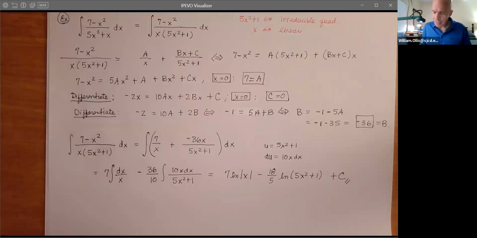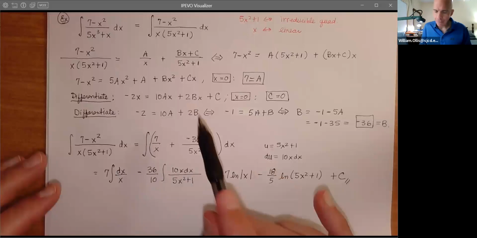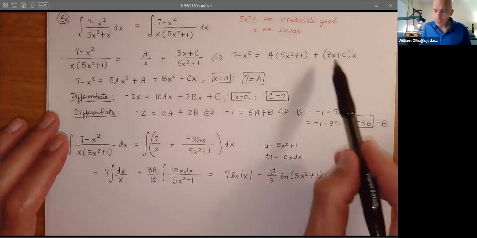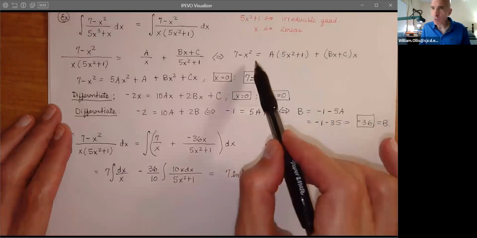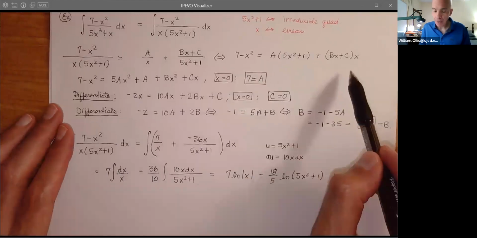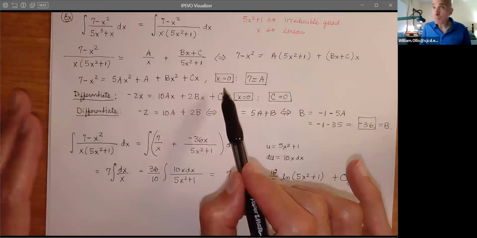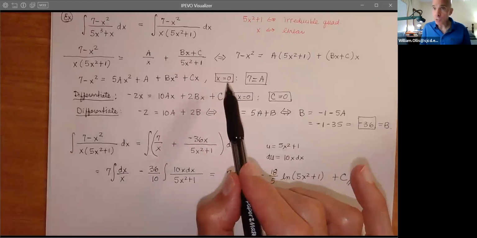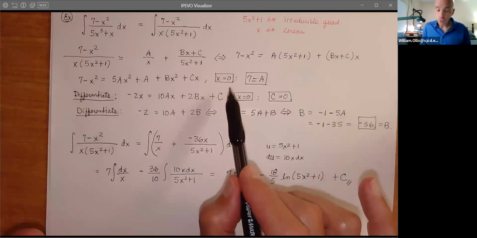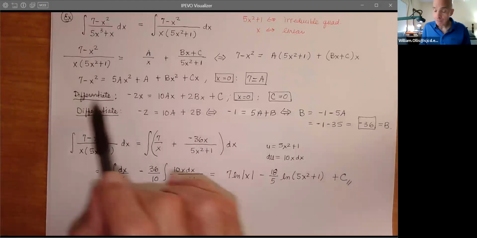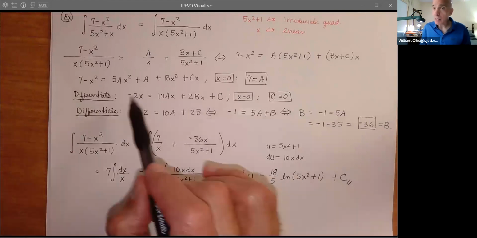So the idea here is that if you have an equation where you clear the denominators that will be valid for all values of x, you use the simplest value of x you can. In some cases, it may not help you, but always try 0. And then, of course, if you differentiate, try 0 again.